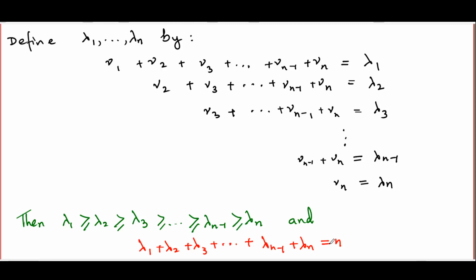We don't count these as two distinct partitions, we count them as the same partition, and in order to ensure that, we use this non-increasing sequence result. We are going to write the partition as 4, 1, 1, not as 1, 4, 1. And that is automatically ensured here by the definition of lambda 1, lambda 2 up to lambda n. So each cycle structure, nu 1, nu 2 up to nu n, will give us a partition of the integer n.